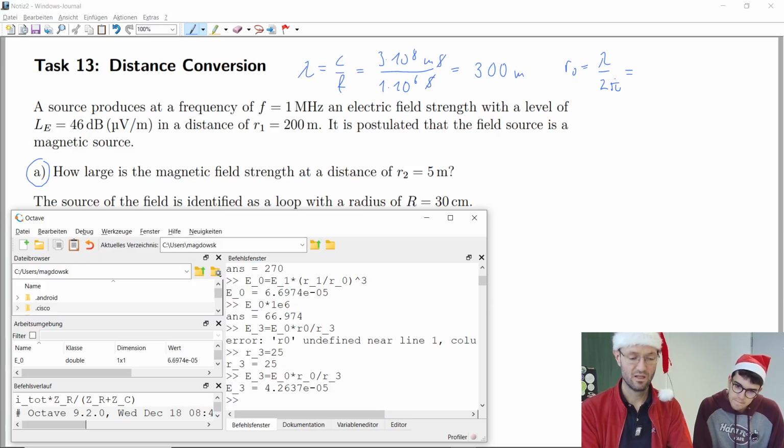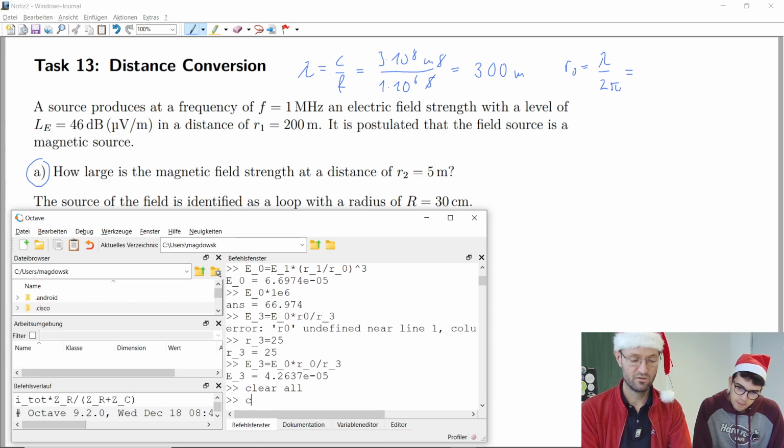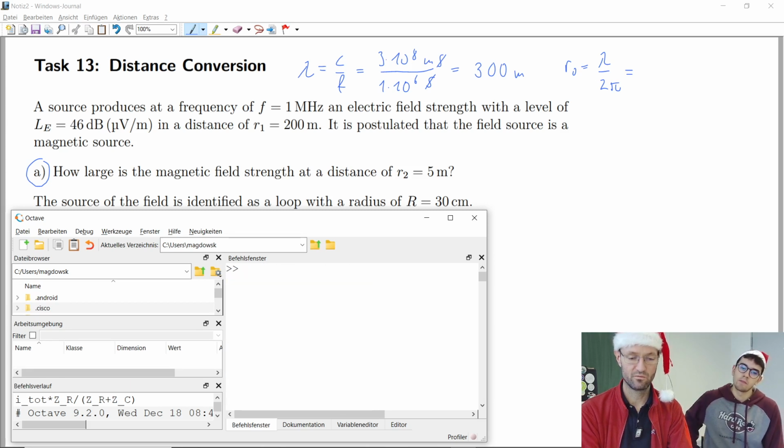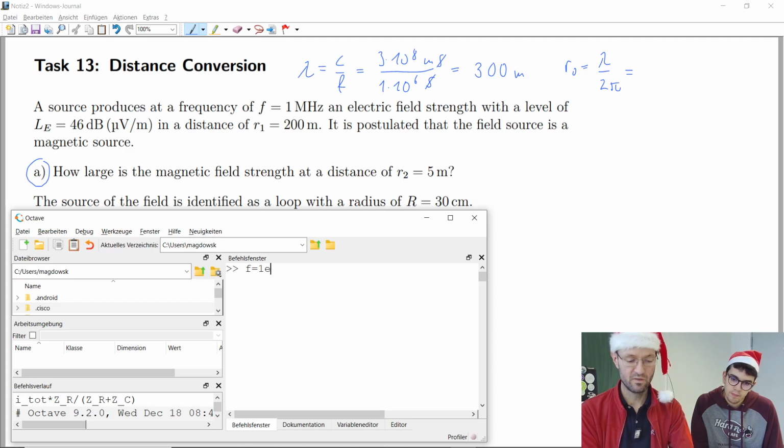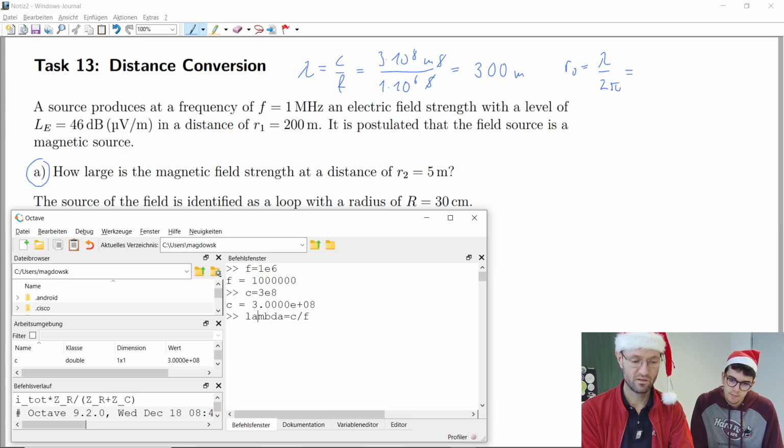than 50. So let's say here clear all, so that I don't have any old values, and maybe clear the command queue, and say our frequency is 1 megahertz. C, I might have the c value there, and I might have the formula to calculate lambda there, and lambda is 300 meters.